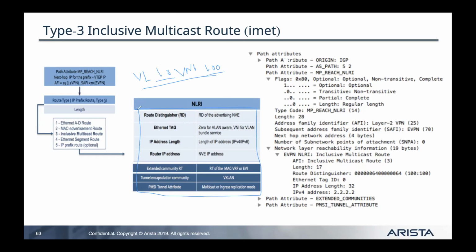It's saying that if there is any BUM traffic for VLAN 10, you have to send it to me as well. This VLAN is extended to me as well, and I have hosts behind this VTEP. So basically you are saying, I am VTEP 1.1.1.1 and I am part of VLAN 10 and VNI 100. When this information reaches another VTEP, it will update its VXLAN flood list table. We'll see this in the next slide.